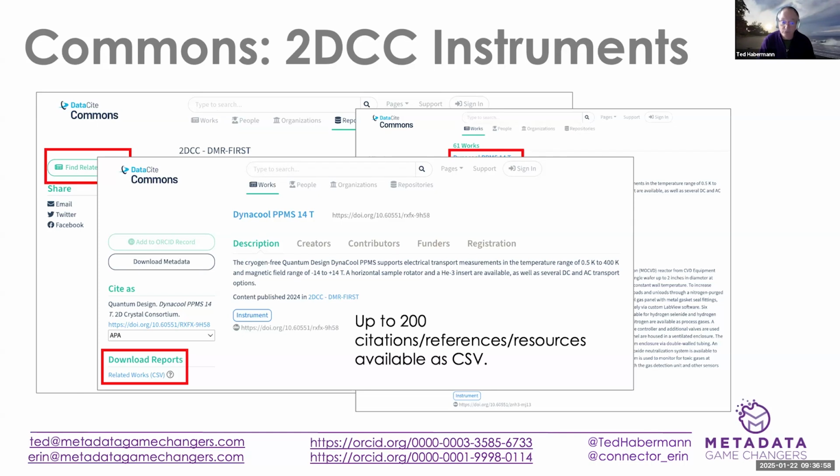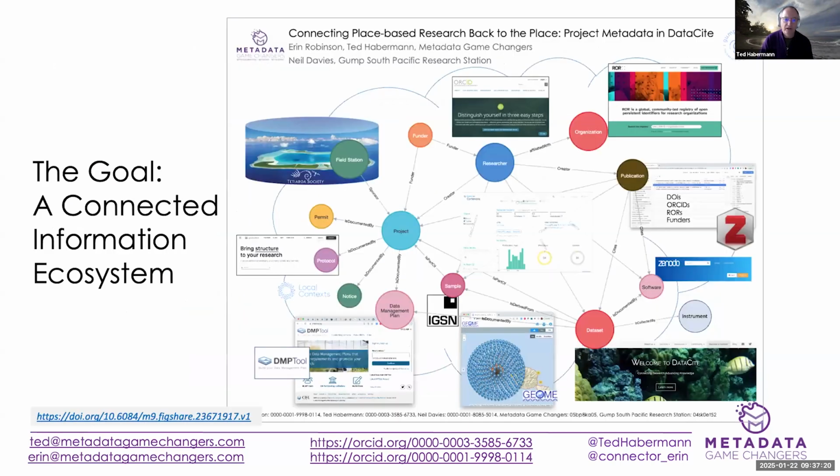DataCite, it's a work in progress, and it will remain in progress for some amount of time. But it's starting to give us an idea of how we can use these different connections to instruments, to papers, to funders, to software, to people, to organizations, to start to see this connected infrastructure emerging.